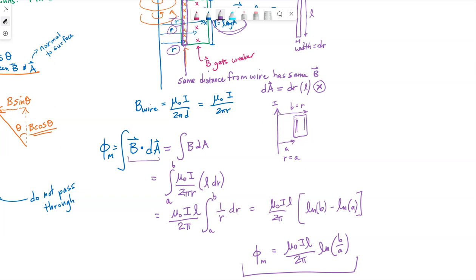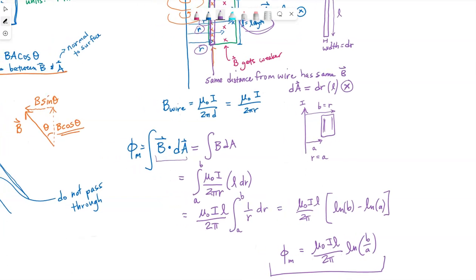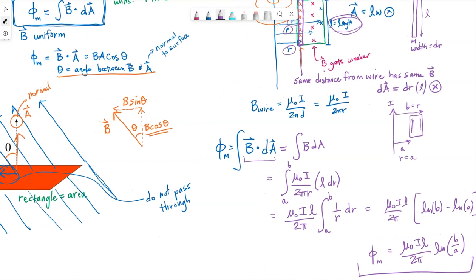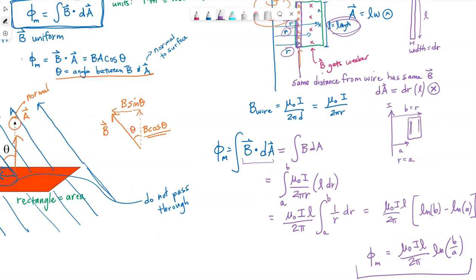If the magnetic field depends upon a distance, then we have to integrate to find this flux. But if it is not dependent upon distance, if that magnetic field has the same value everywhere in the area, like this original picture, if that magnetic field was uniform, then we can look at just B dotted with A. We don't have to integrate.